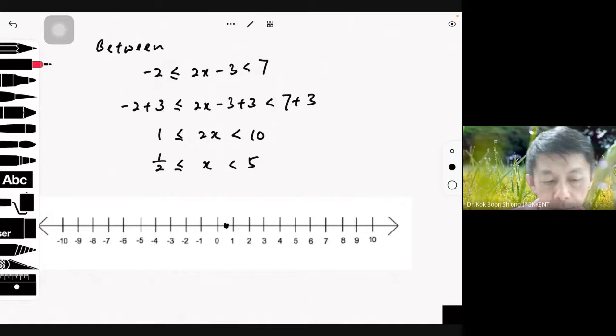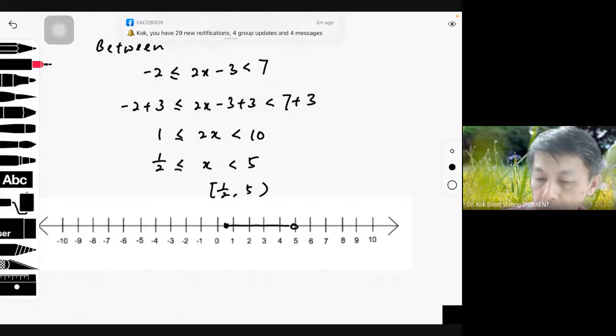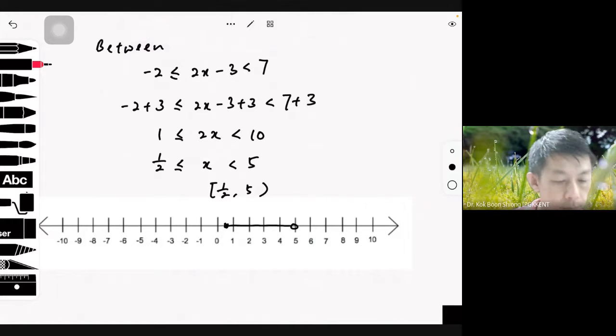Larger means what? And 5, right? If we put it in the interval form, it's in between this part. Okay?